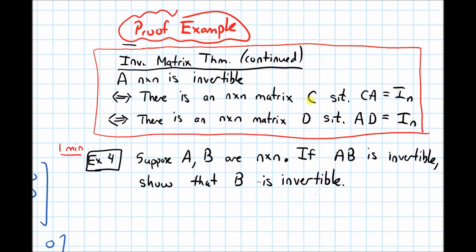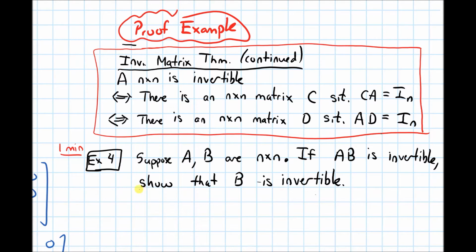So when there's a matrix C that I can multiply A by on the left to get the identity, the matrix A is going to be invertible. Similarly, my matrix A is invertible if and only if there's an n by n matrix D such that A times D, so I'm multiplying D on the right-hand side of A, equals the identity. This is going to be useful in this example.